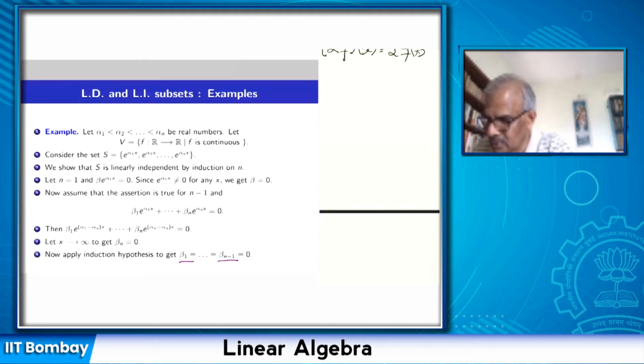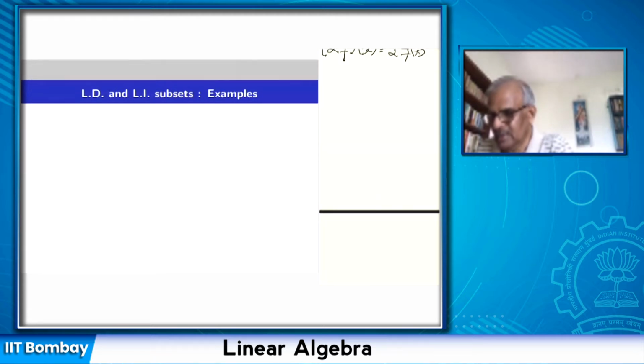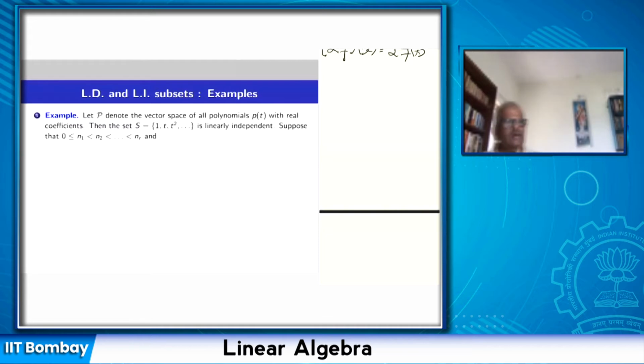Once all the betas are 0, I go back and substitute into this. I get beta n e to the power alpha n x equal to 0, and that forces beta n equal to 0.